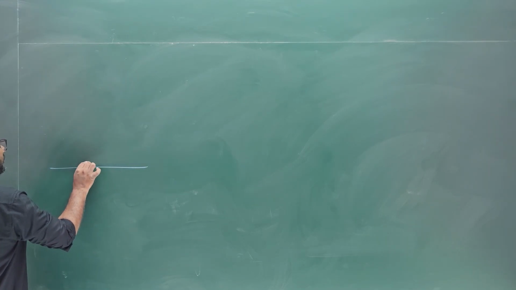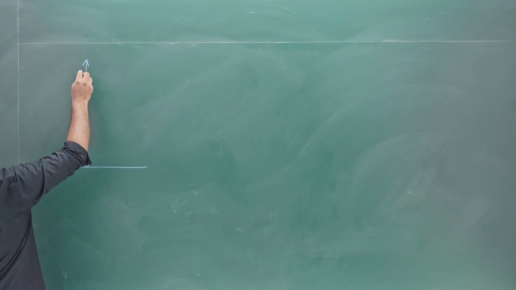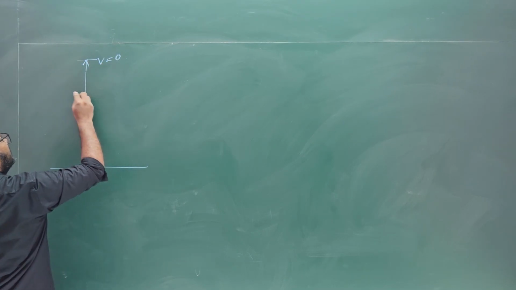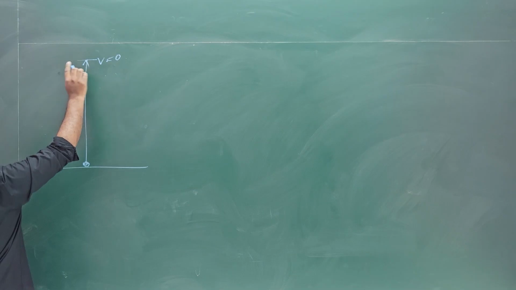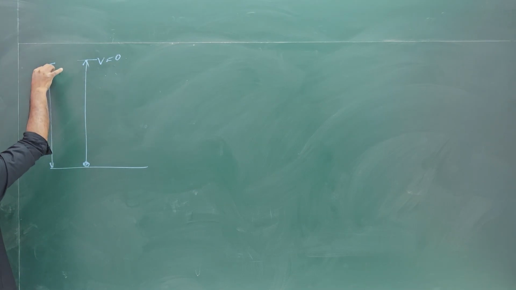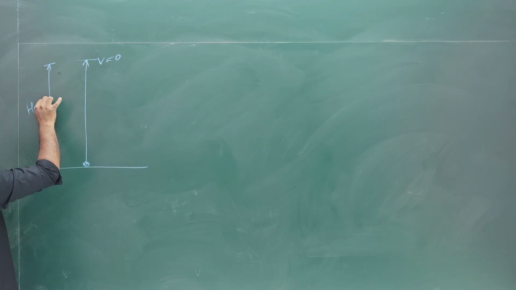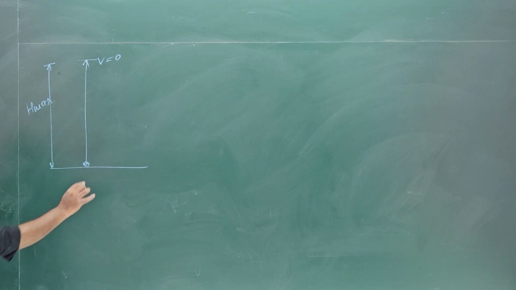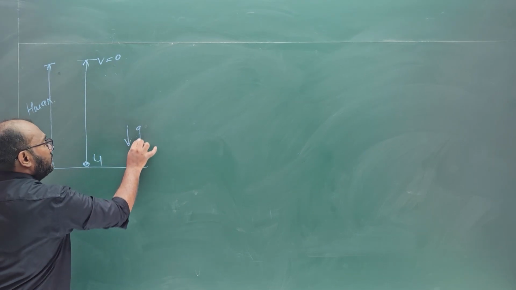H max. Okay. Object is thrown from here, reached here, velocity becomes 0. Wherever the velocity becomes 0, can I say this is your h max? Yes or no? Initial velocity is u, g is acting in the downward direction.